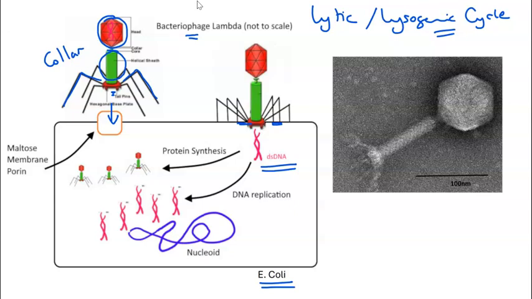Now, of course, the next part depends on whether or not we are going to go lytic or lysogenic. But were it to be lytic, then the bacteriophage will hijack the protein synthesis and DNA replication mechanisms of the bacterial cell, replicate itself, create these capsid phage structures before producing proteases to disrupt the membrane, to burst out, and then move on to infect other E. coli bacterial cells.